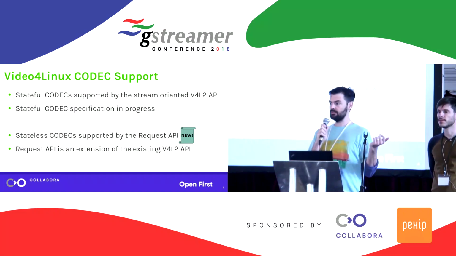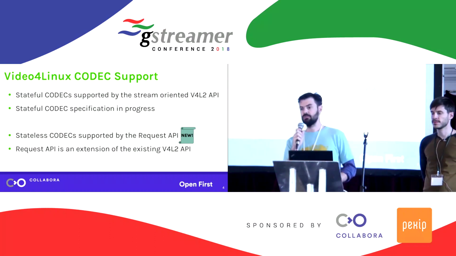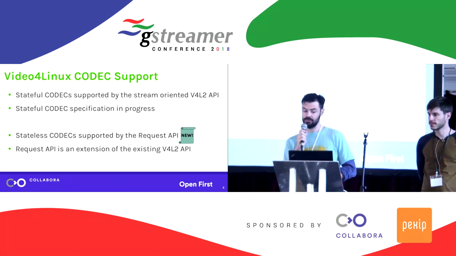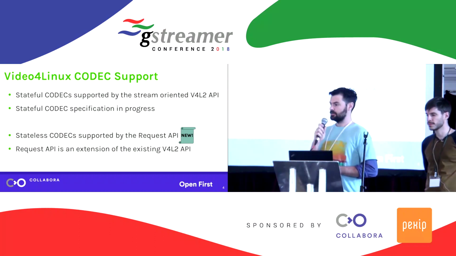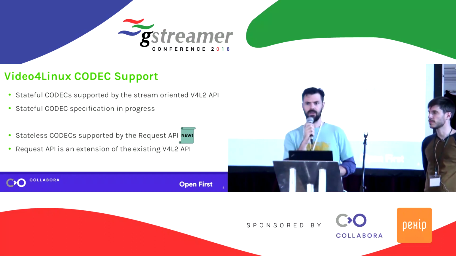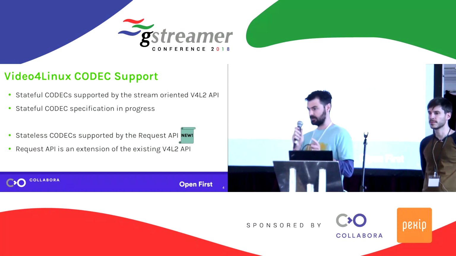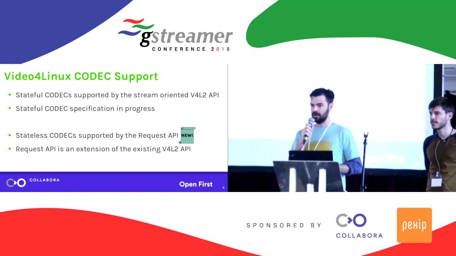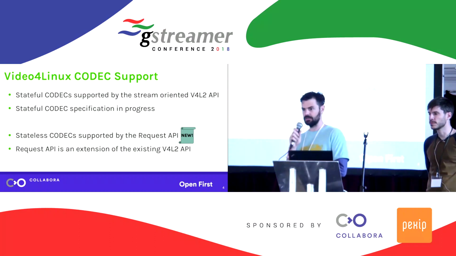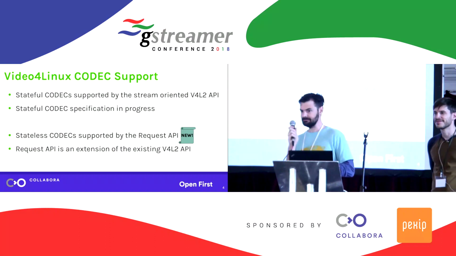And then we have a different type of codecs, which are the stateless codecs. They're also known as hardware accelerators. And for those, we have a new API, which is the request API. I don't know if you have heard about this. No, okay. The request API is a completely new API that sits on top of the traditional Video4Linux API. By the way, who has worked with Video4Linux? Okay, so you know the API.